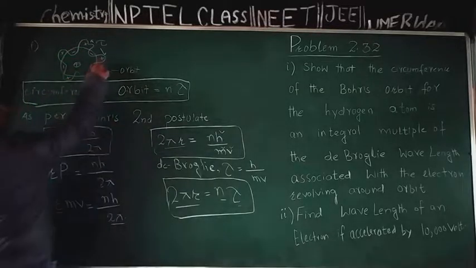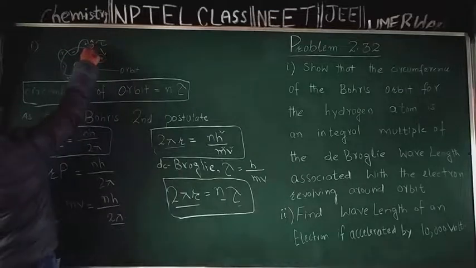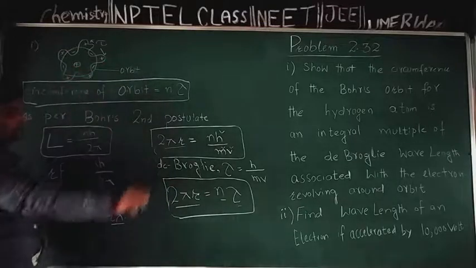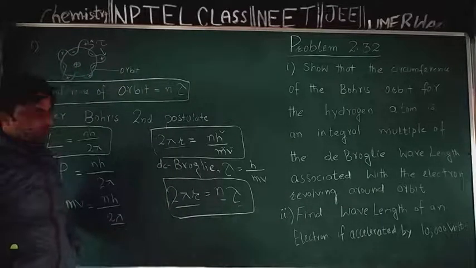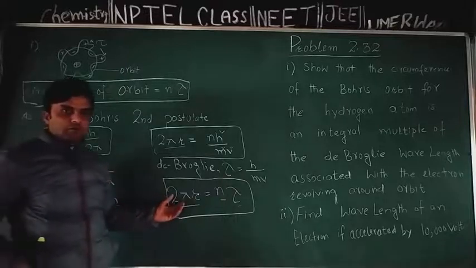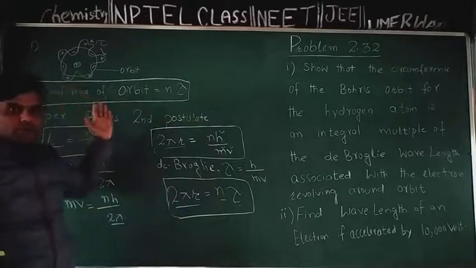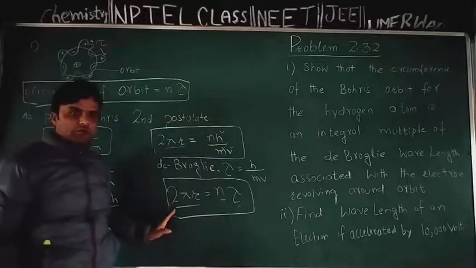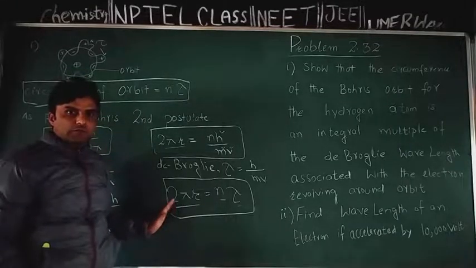You see, crest ends in trough, trough ends in crest, crest ends in trough. There is no break. There is continuity in the electron wave, and it means the energy of the electron, as long as the electron continues to remain in the orbit, its energy and angular momentum will have fixed values.